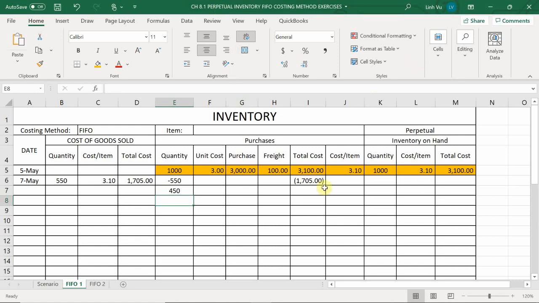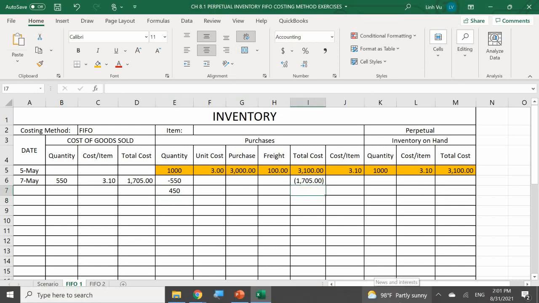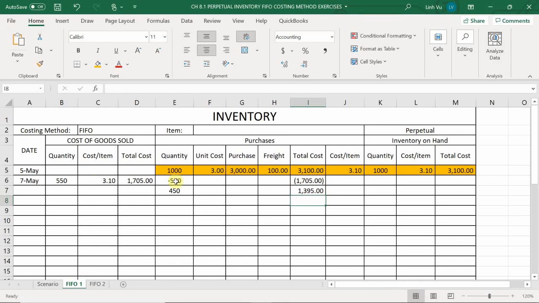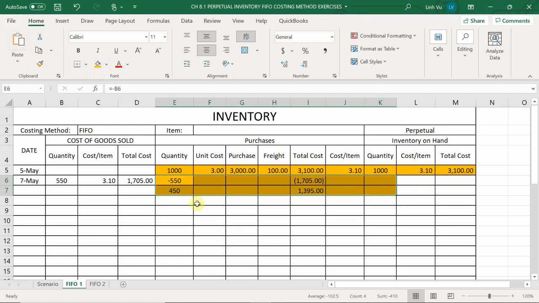Same idea here. If I started with 3,100 and I sold 1,705, how much should I have left? 1,395. Good, and this all belongs to the orange batch, okay?